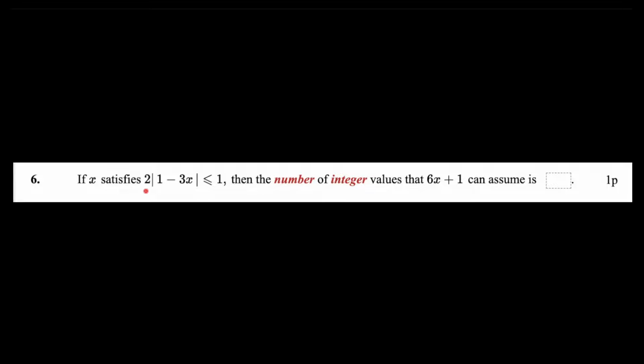If x satisfies this inequality, then the number of integer values that 6x plus 1 can assume is what? So do you understand what I mean here? The number of integers. Integer means whole number, yes? So the number of integer values that 6x plus 1 can assume.